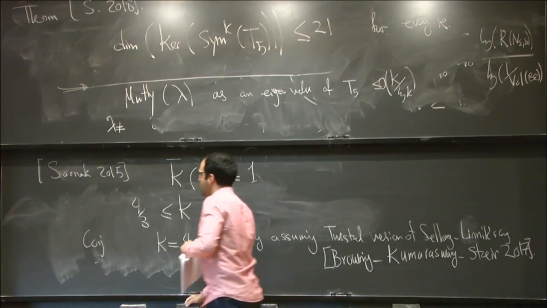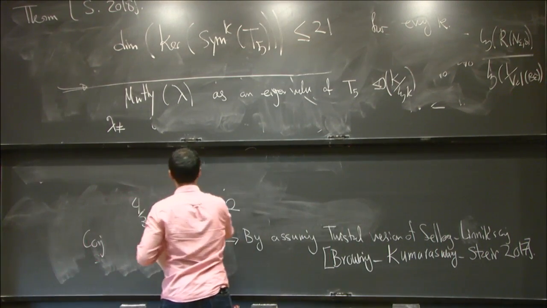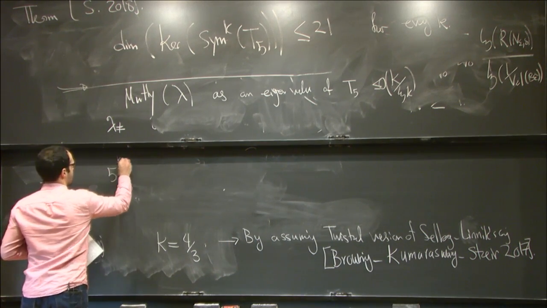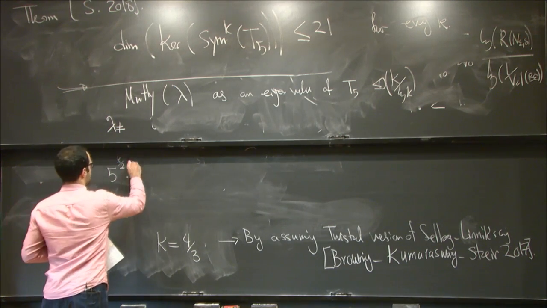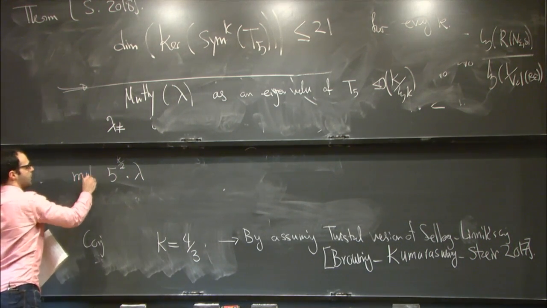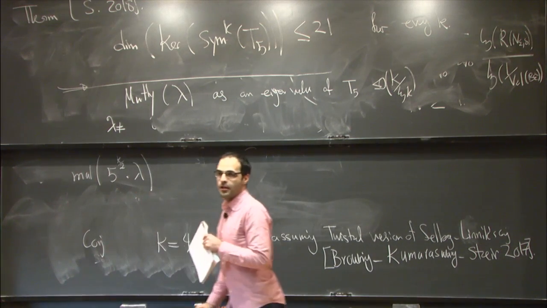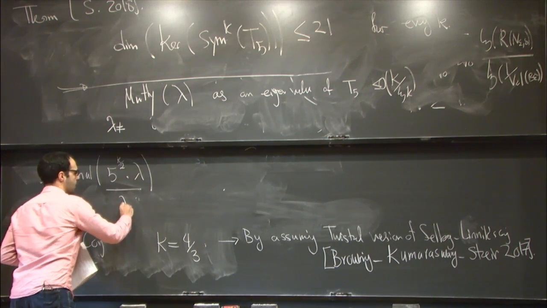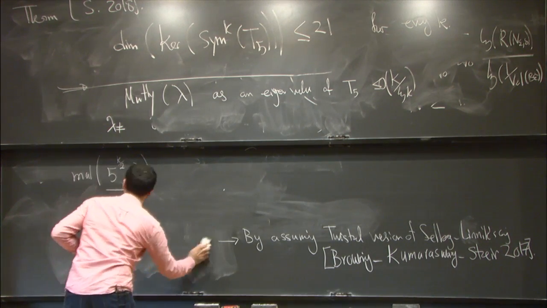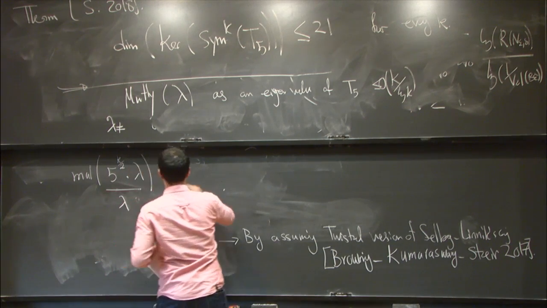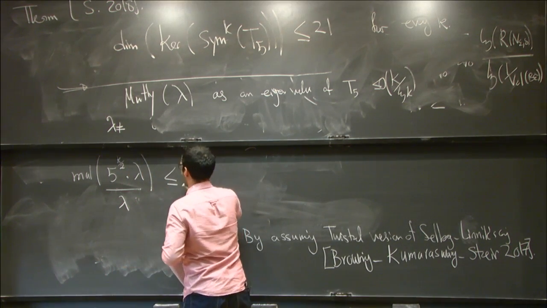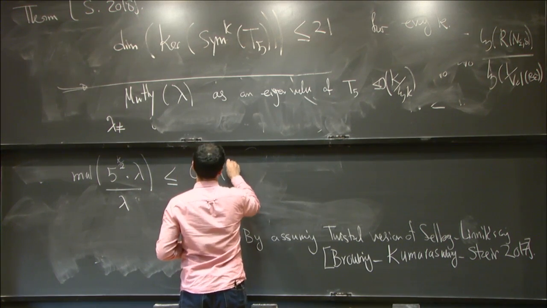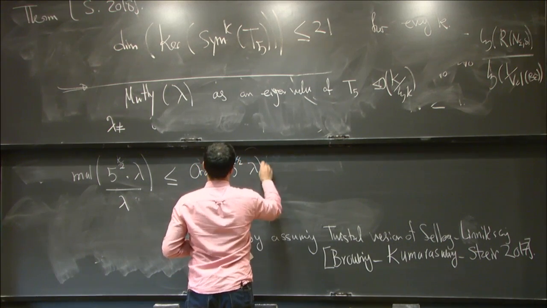But if you normalize the eigenvalues to be algebraic numbers, meaning you multiply the eigenvalues by 5 to the K half times lambda, and you ask about the multiplicity of these, then if this is the normalized eigenvalue, the multiplicity is in fact less than the p-adic norm of this number, the order of it, squared.